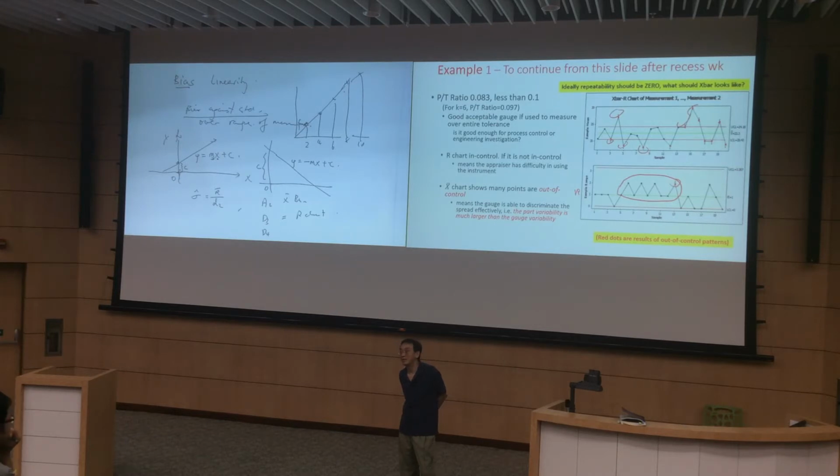Get the point? Make sense? Then you can discriminate on the process. That's the intention. That's why the more out of control in the X bar chart, the better it is. Right? So that is the intention. By right, this one should be very tight.